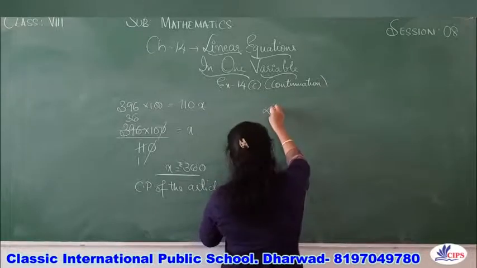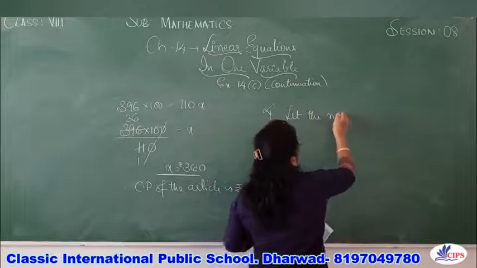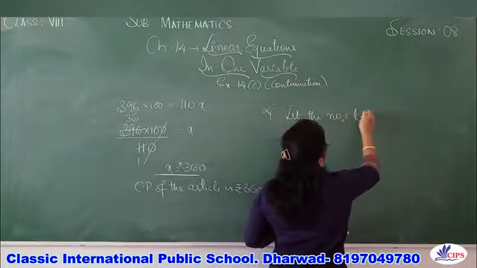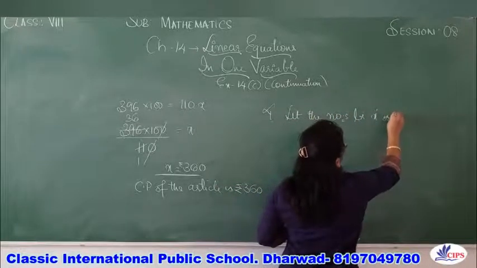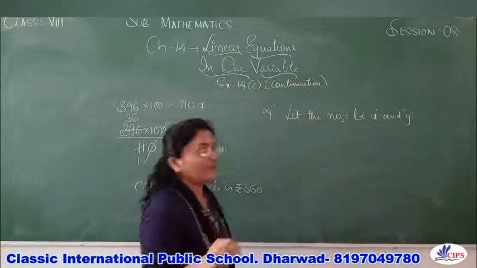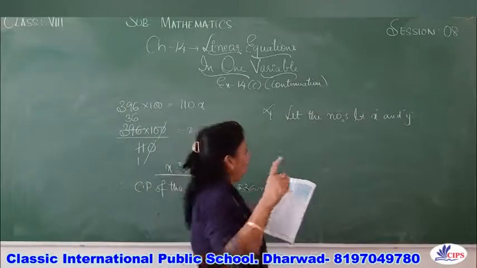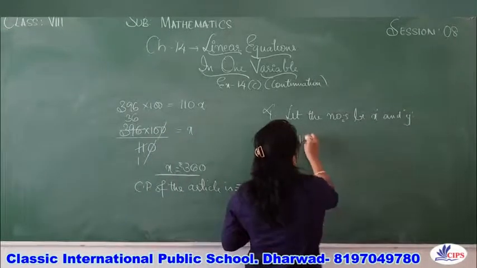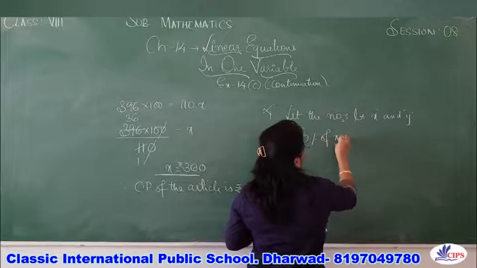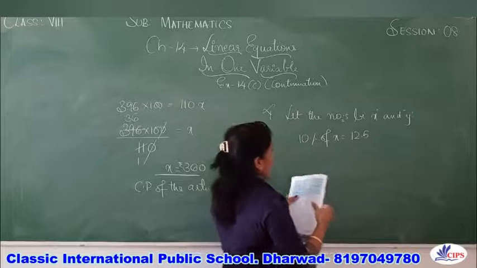So this is the fourth one. Let the numbers be x and y. So I have assumed the numbers to be x and y. What have they told you? 10% of one number. So we will take 10% of x is equal to 12.5% of the other, they have told.